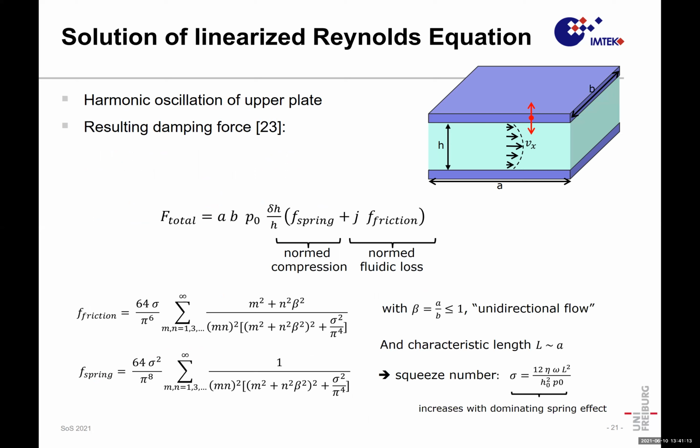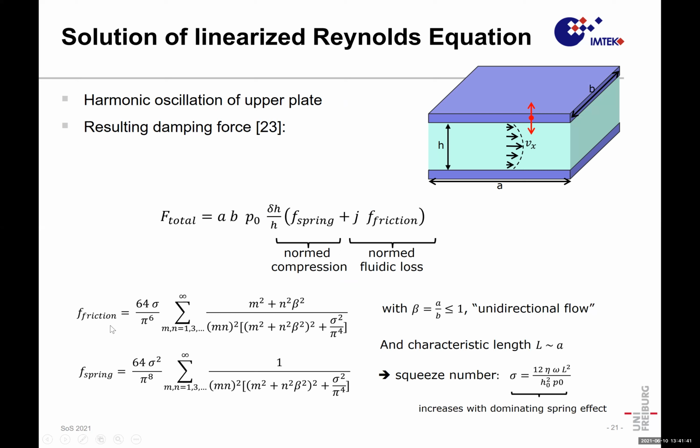The solution finally for the force which is generated by doing so is a normed compression part, which is a real part, and a normed fluidic loss, which is an imaginary solution. So we divide it simply by a constant, which is driven with the displacement and a compression and a fluidic loss term.